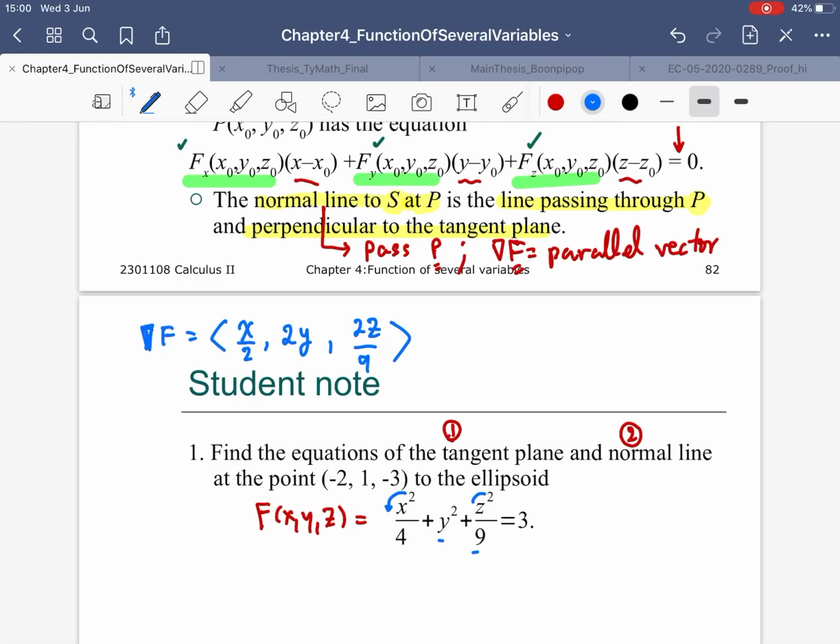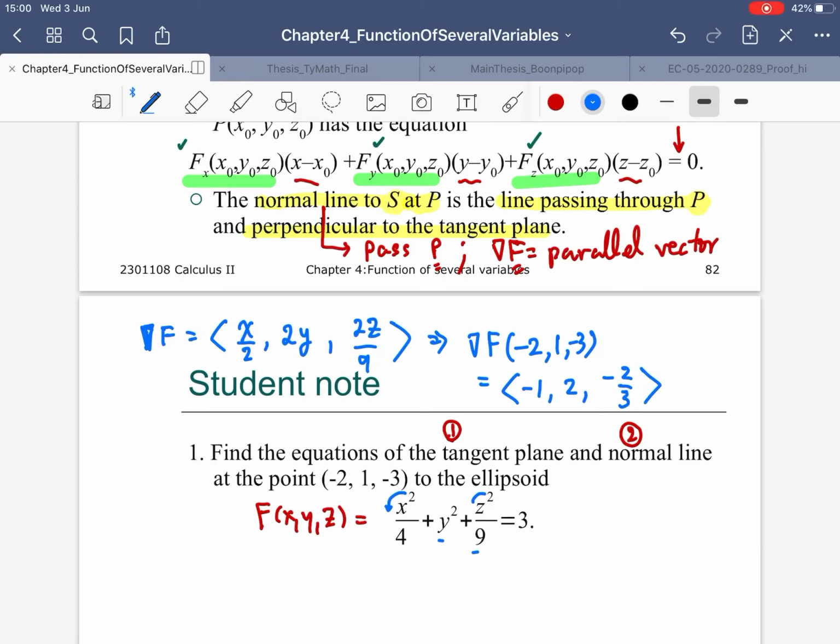And what we need to find also is the gradient at this particular point, when x is -2, y is 1, and z is -3. So you have -1, 2, and -2 over 3 as your third component.